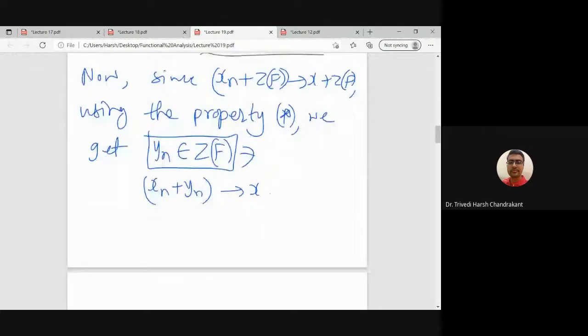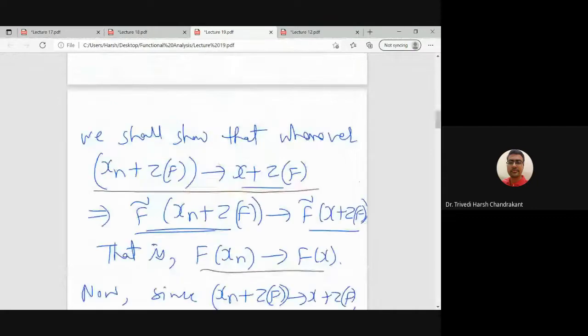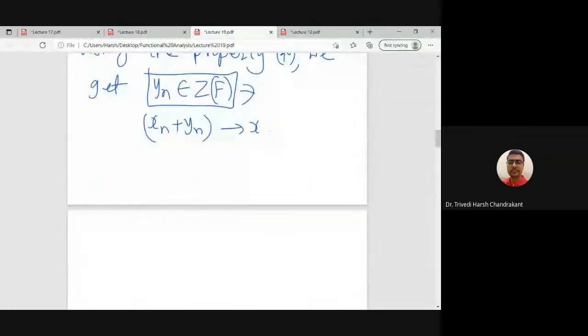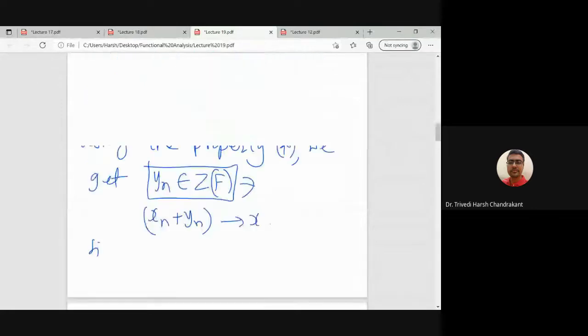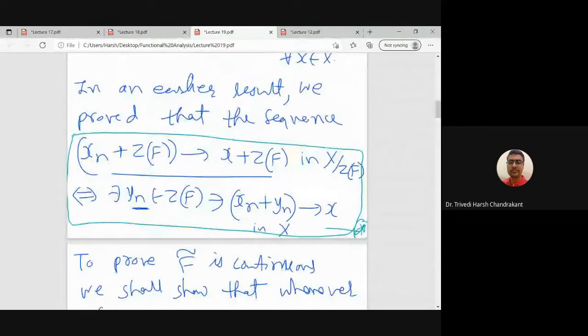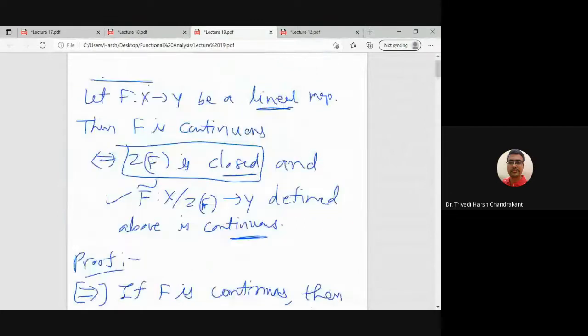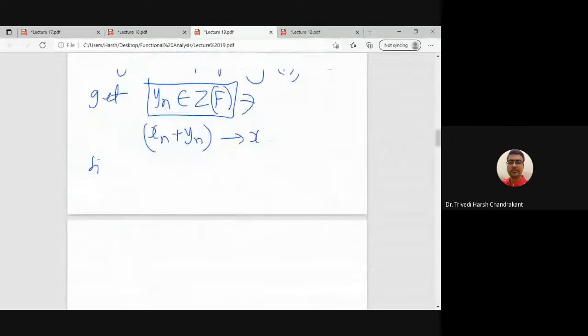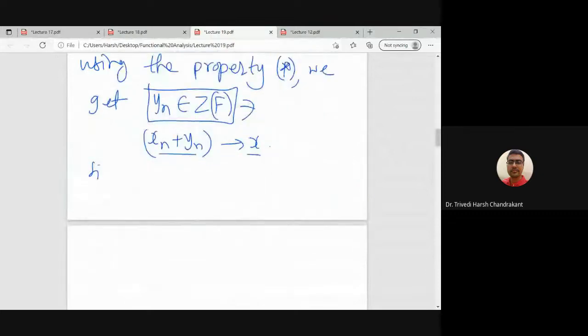So what do we need to prove? We need to prove f of xn converges to f of x. Now if we apply the function f directly on both sides, then what we get is what we have in the hypothesis. The hypothesis says that f is continuous, so we can use that here. So we have a sequence of elements of X which converges to x, and f is continuous, so f of this sequence converges to f of x.